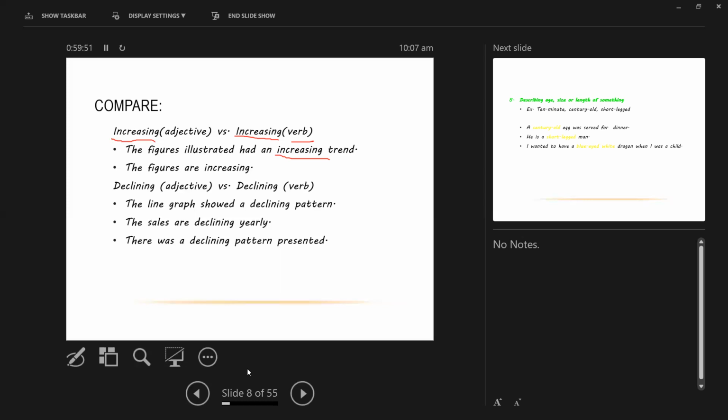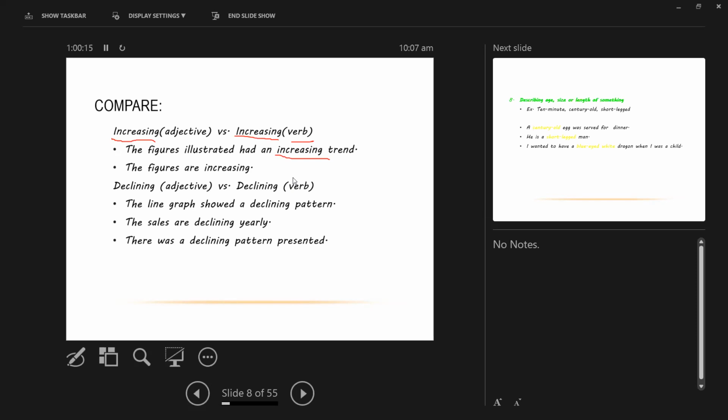Sabi niya verb daw. Agree ba kayo na verb? No. Yung mga nasa classroom, they don't agree that it's a verb. Okay, who wants to answer? I think you were gonna answer earlier. What function is it? Verb or adjective? Okay, see Jose Javier. Hi, Jose Javier.